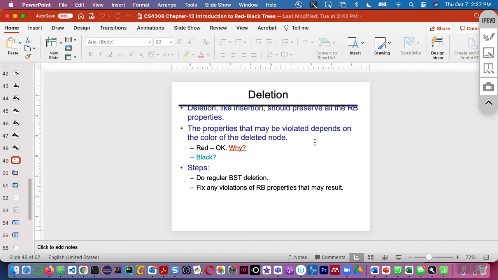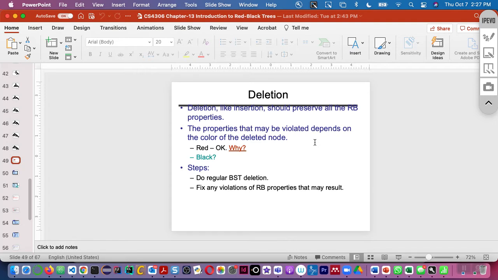We also need to make sure that the colors are properly assigned, or sometimes we need to recolor, as we saw for insertion. Whenever we insert an element, we start by making it red, and then gradually, in order to satisfy all properties, we recolor. Recoloring means if it is red, we make it black; if it is black, we make it red.